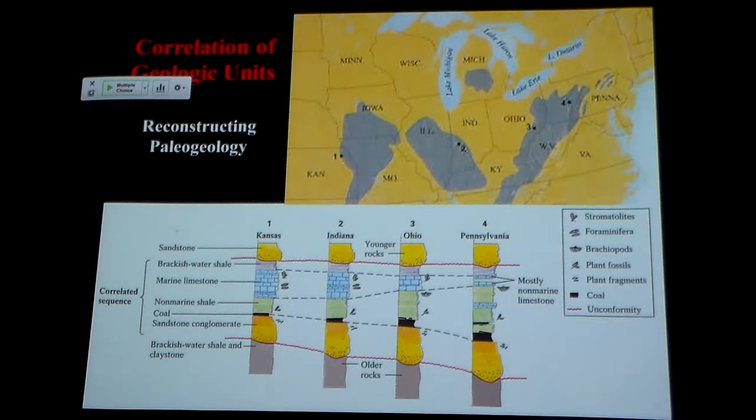And Michigan kind of looks about like right in here. So now, let's say I'm an oil company and I'm drilling wells in these various basins. Well, this gives me the opportunity to take my experience in the Michigan Basin and apply it to the Kansas Basin or to the Appalachian Basin.